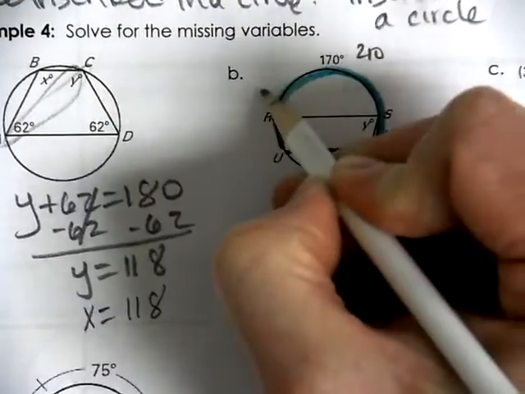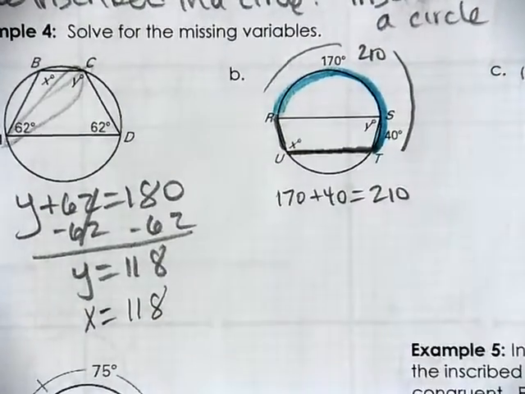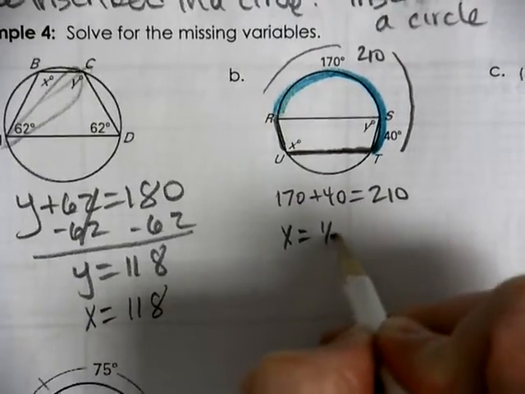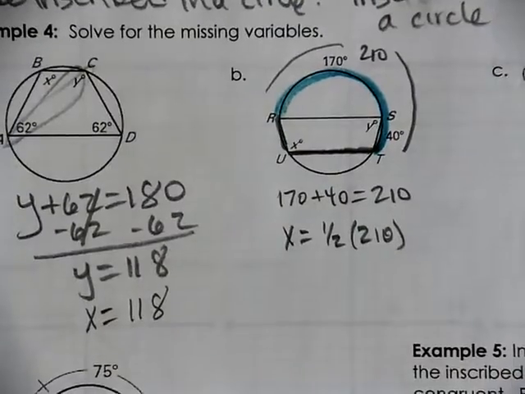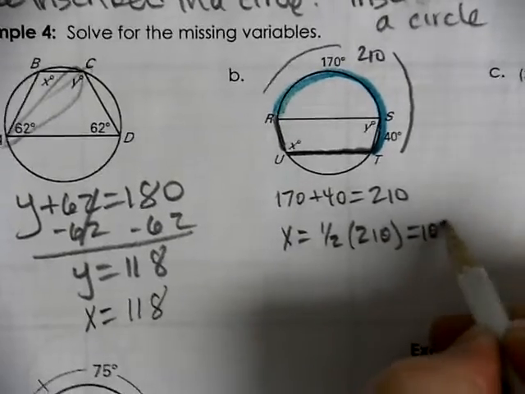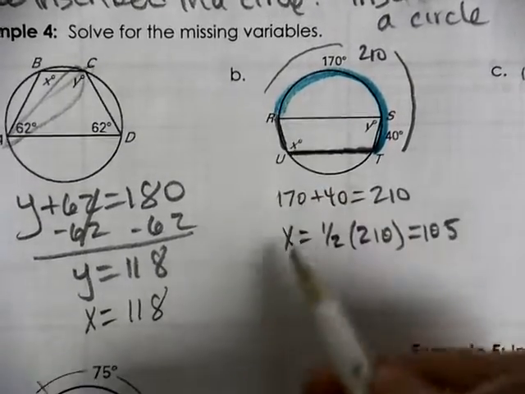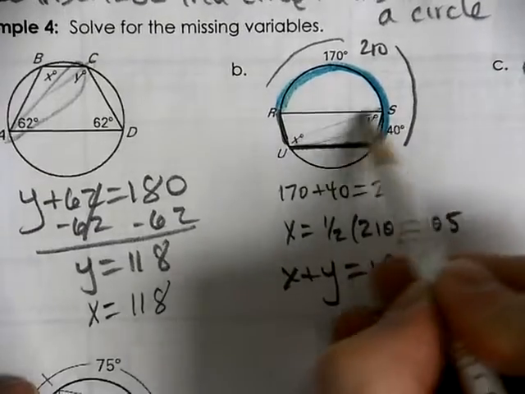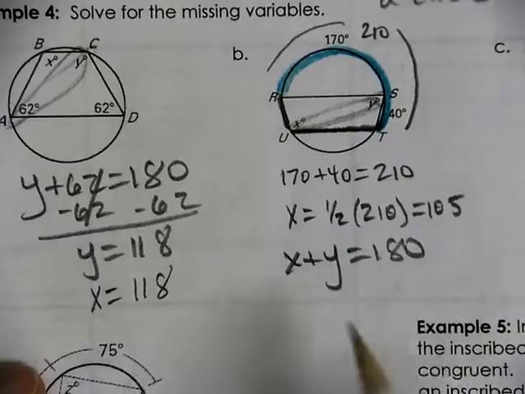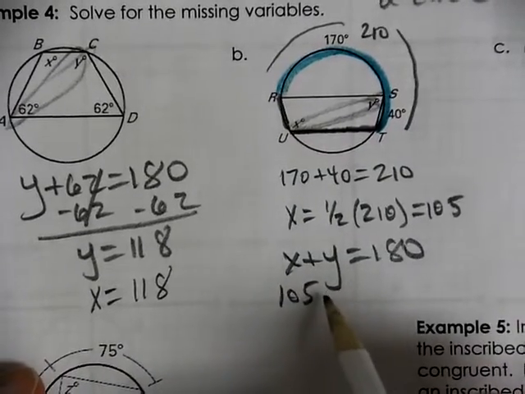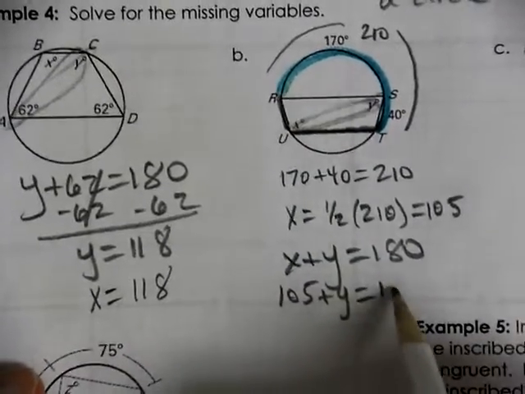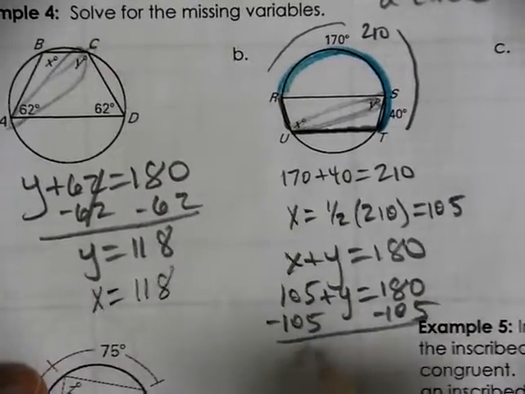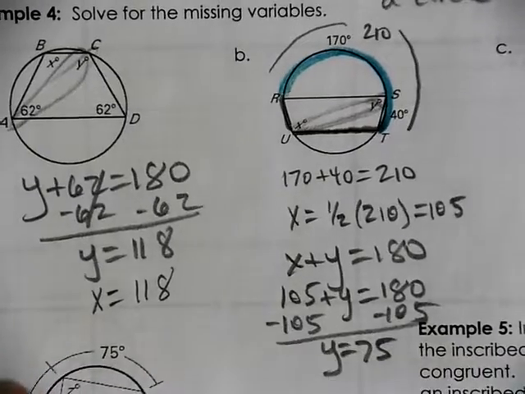So it's 210 all the way around. So angle x is going to be half of the 210, which is 105. And if x is 105, we know that x plus y have to be supplementary. And we can subtract the 105 over, and we figure out that y is 75.